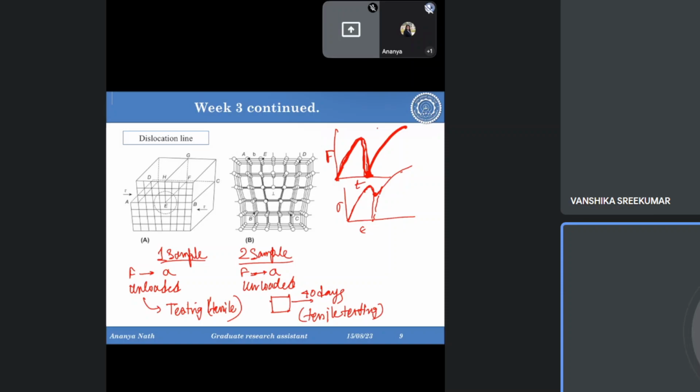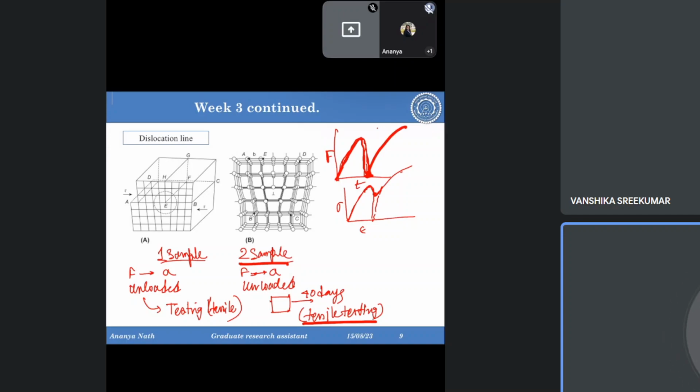So what I'll see is, in tensile testing, I get one result, and after 40 days when I do the tensile testing of sample 2, which was samely loaded and samely unloaded, but kept for 40 days at room temperature in my sample box, the result I get after tensile testing is different.